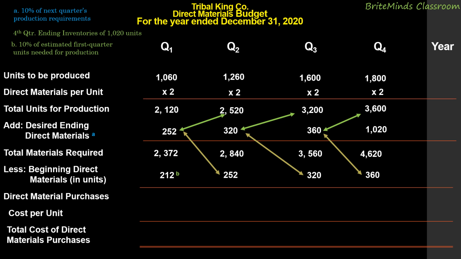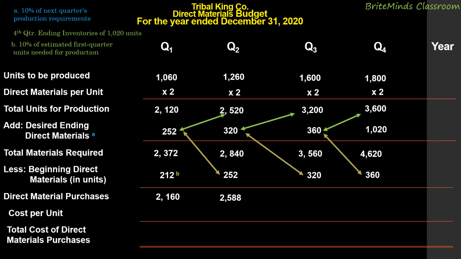And then we will determine the direct material purchases. Total materials required less beginning direct materials. Okay, so for the first quarter, 2,372 minus 212. So our direct material purchases for the first quarter is 2,160 units. For the second quarter, 2,840 less 252, which is 2,588 units.